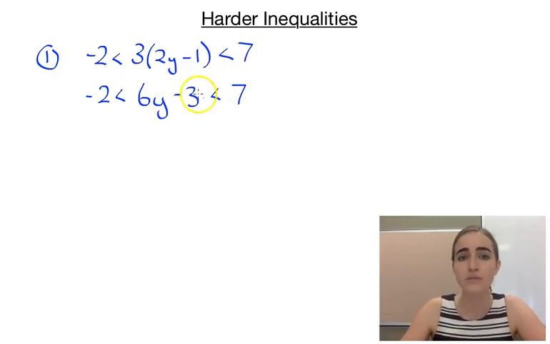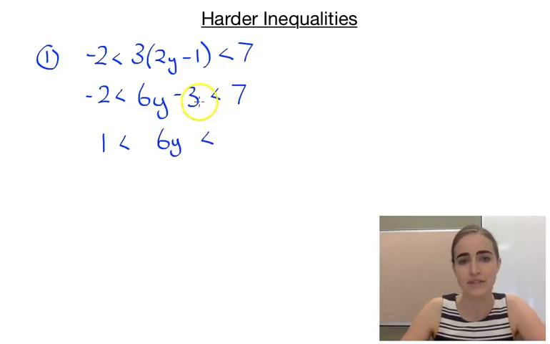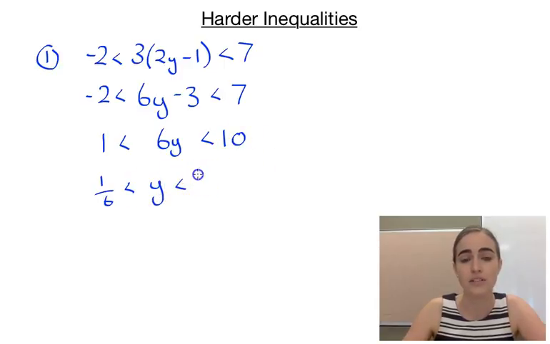Now we're trying to get this y on its own in the middle, so let's add 3 to both sides. Minus 2 plus 3 gives us 1, is less than 6y, is less than 7 plus 3, which is 10. Then to get the y on its own, we divide everything by 6. So we have 1/6 is less than y, is less than 10 over 6, which is the same thing as 1 and 2/3.